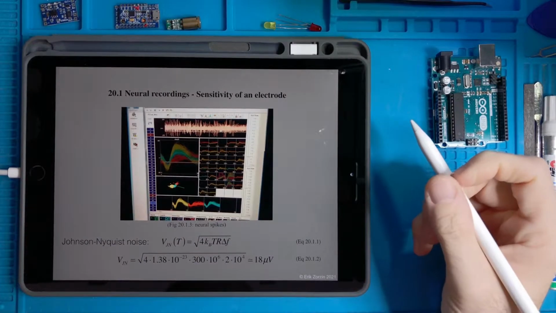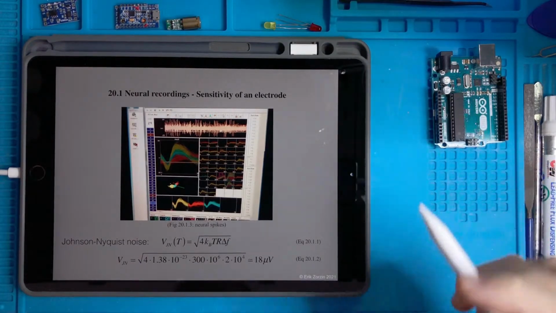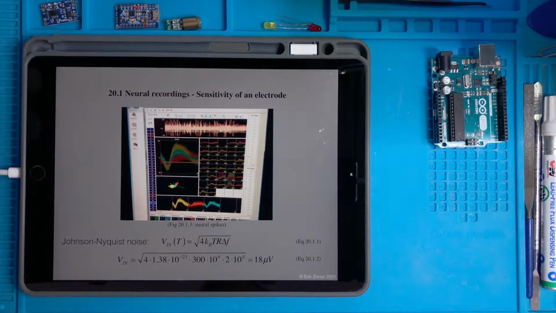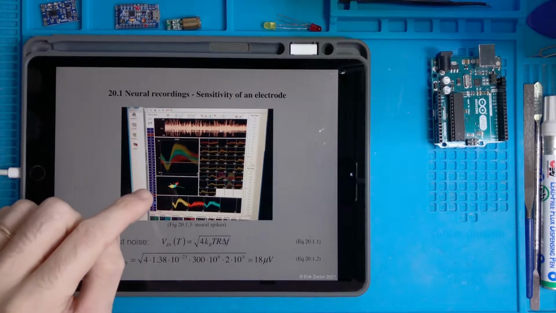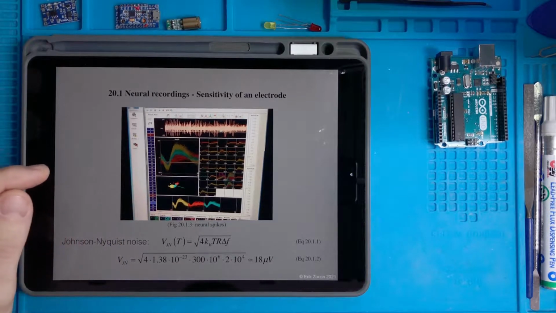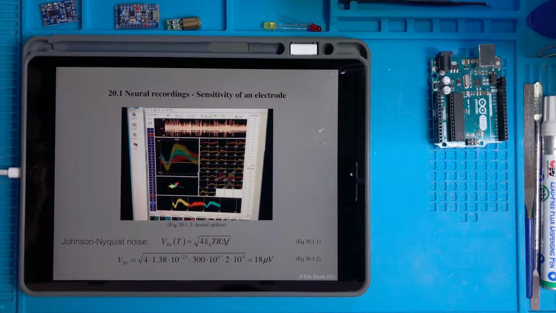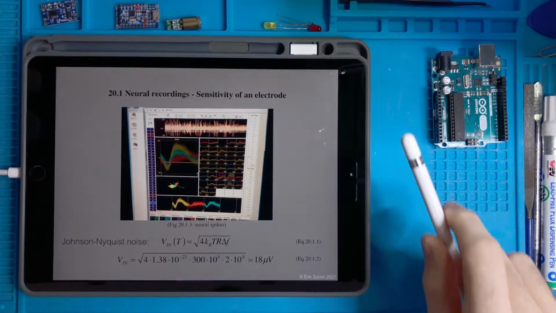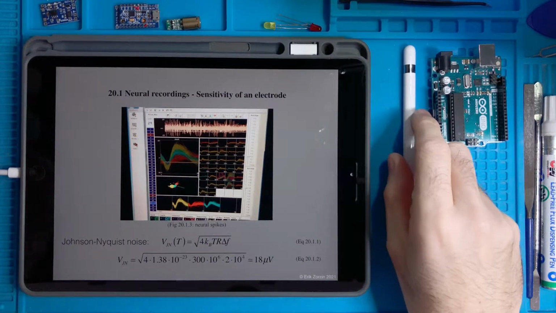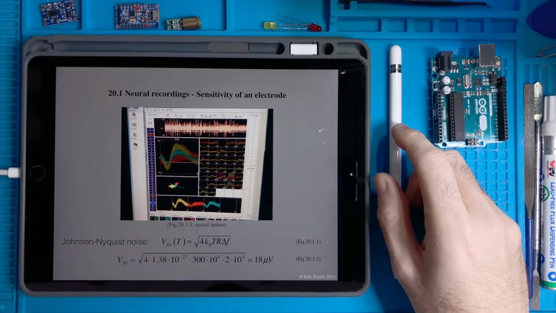Okay, now I want to discuss a little bit about this picture you see here. This was a snapshot from an old neural recording system, but let's say that they are all similar to this one, at least from the point of view of the functions they have.